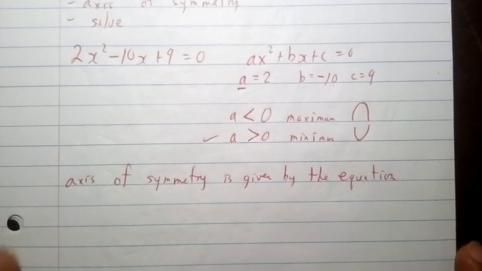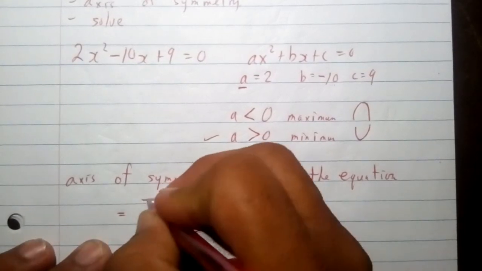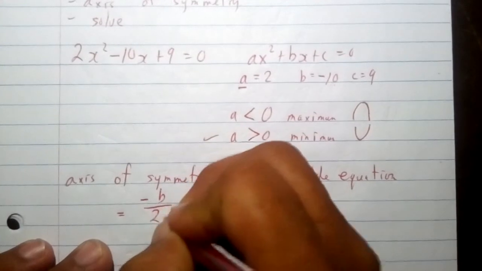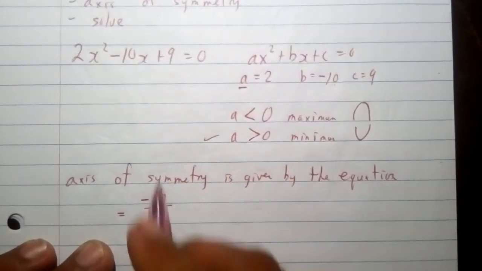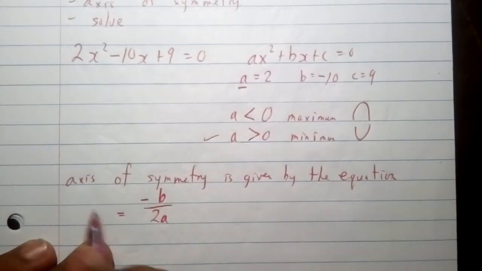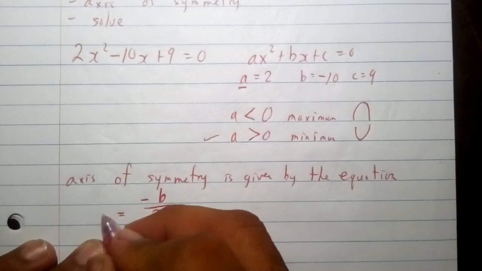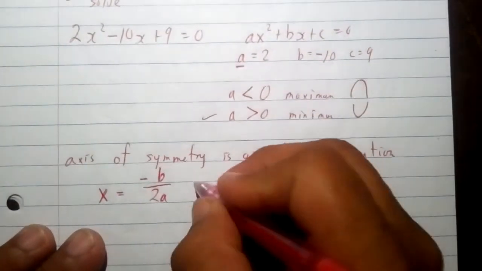All right, for you to determine the axis of symmetry, we'll be using an equation that says x equals -b over 2a. Okay, now notice this a and b will come from this equation. All right, so the axis of symmetry, this value that we get here will be the x value where the axis of symmetry lies. So we substitute.